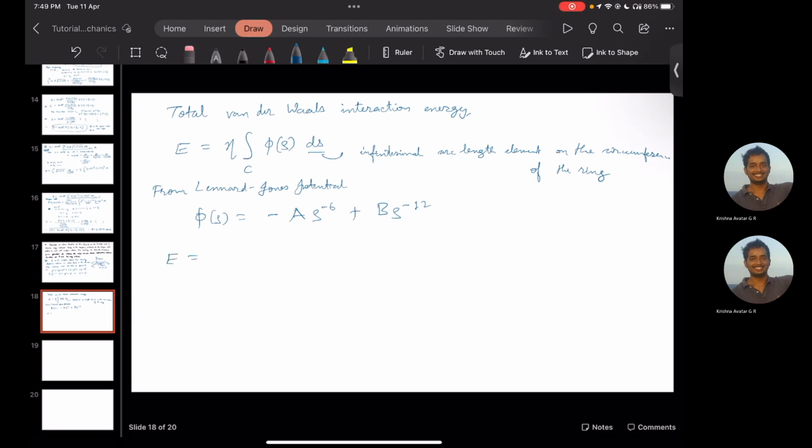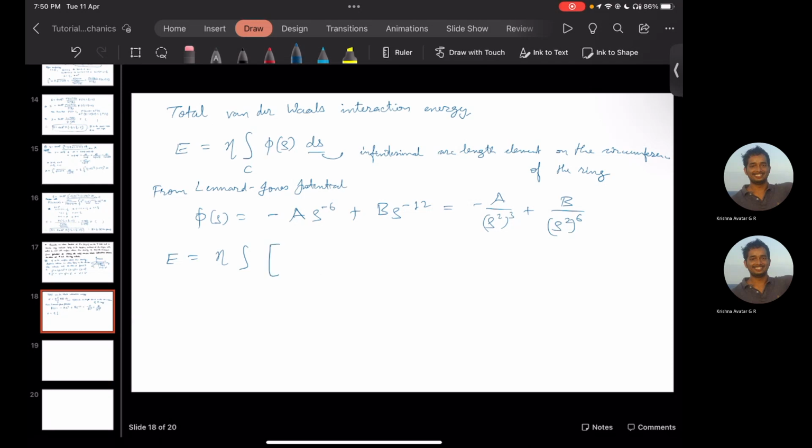So E is equal to eta integral. Before that, let me write our minus A rho to the power minus 6, and this can also be written as A by rho square to the power cubed plus B by rho square to the power 6.